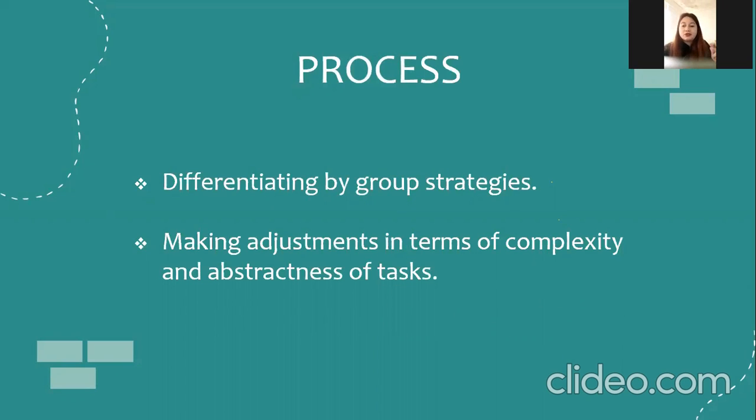He or she can do it by the students' interests or learning profiles. The multiple intelligences theory proposed by Gardner may be useful for this. And another way of differentiation of process is by making adjustments in terms of complexity and of abstractness of tasks and by engaging students in critical thinking.